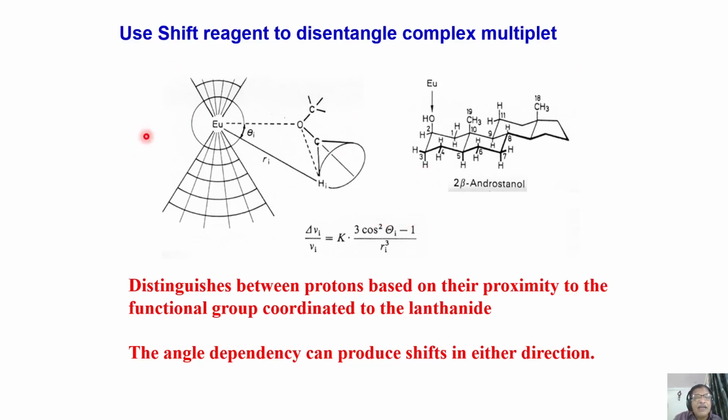Then if you put this type of complex, which is called europium salt, and of course we have praseodymium varieties of salts, which are called shift reagents, what happens? It goes and attacks at this place. And it distinguishes the protons based on the proximity to the functional group when it coordinates with the shift reagent. This is a lanthanide complex.